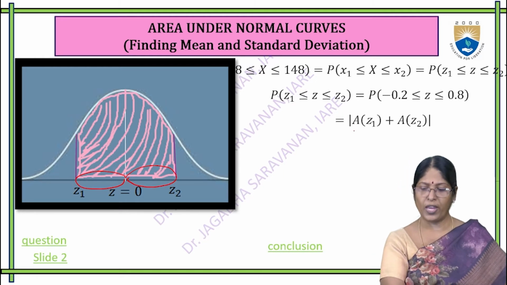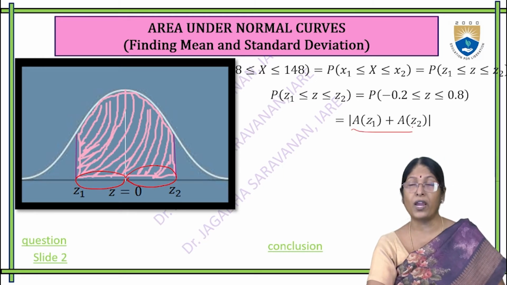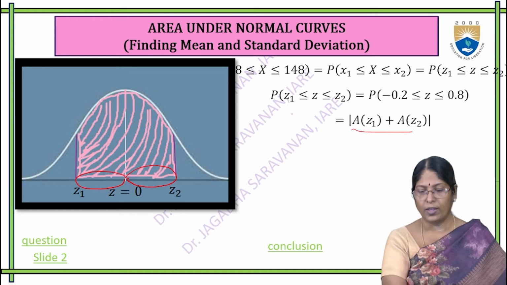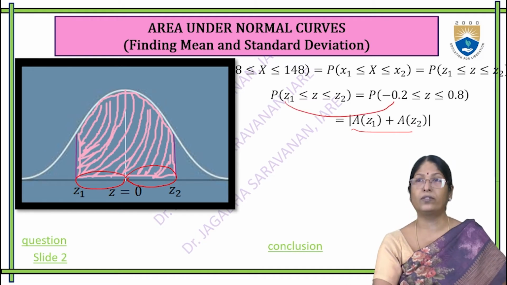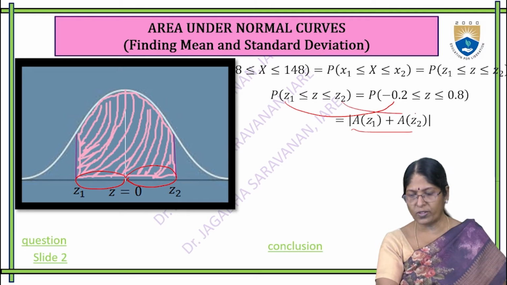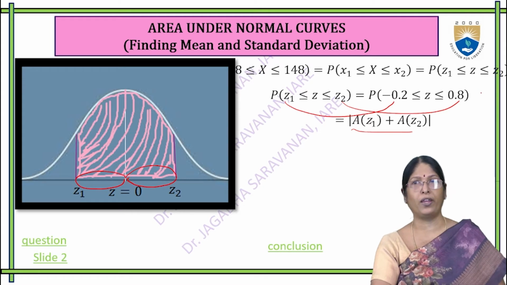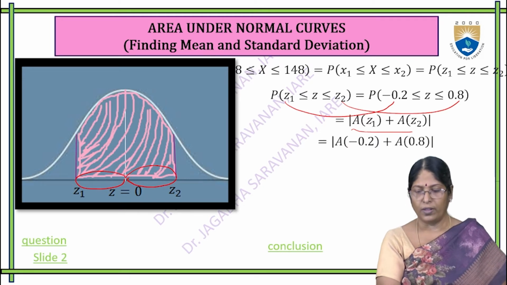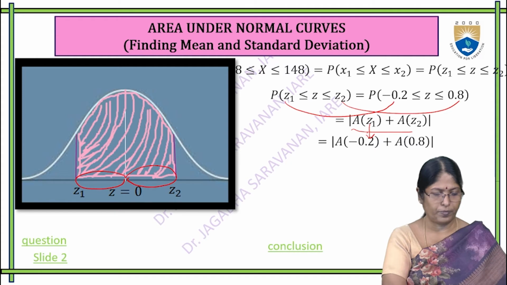Now, area of Z1 plus area of Z2. Here Z1 is replaced by minus 0.2, and Z2 is replaced by 0.8.